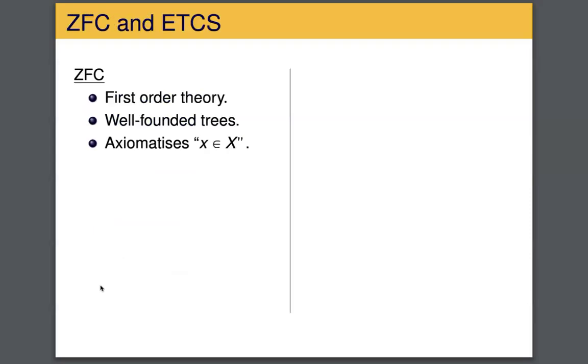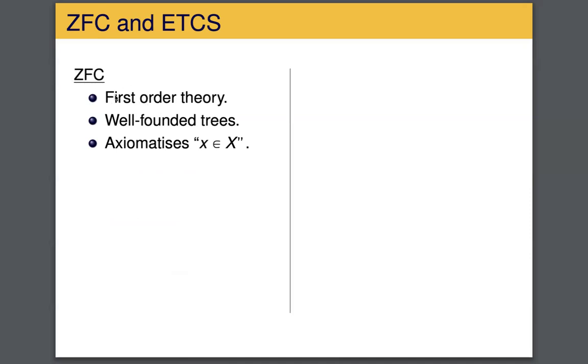The elementary theory of the category of sets is a proposed categorical foundation for mathematics by Lawvere. This is in contrast to the traditional foundation of mathematics, which is ZFC, Zermelo-Fraenkel set theory with the axiom of choice.